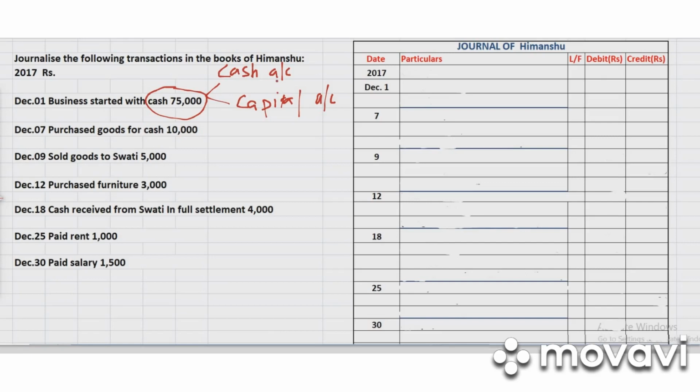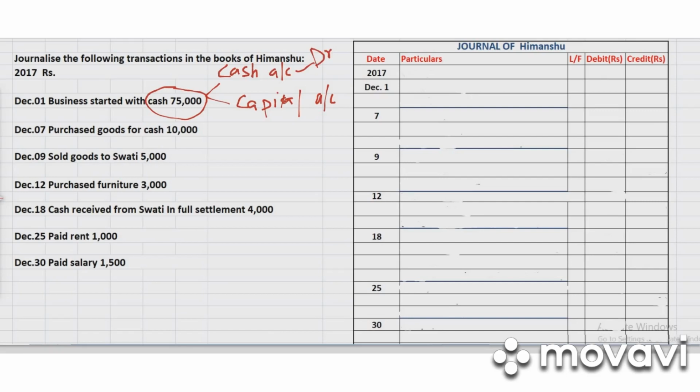Since cash is a real account, you just follow the rule of the real account. What does the real account rule say? The real account rule says: debit what comes in and credit what goes out. So it is very simple. You debit cash. Cash is to be debited, and when cash is debited, of course you will have to credit the capital account.